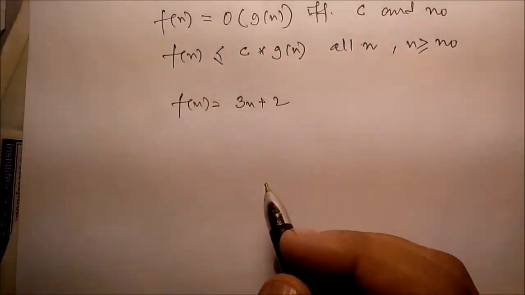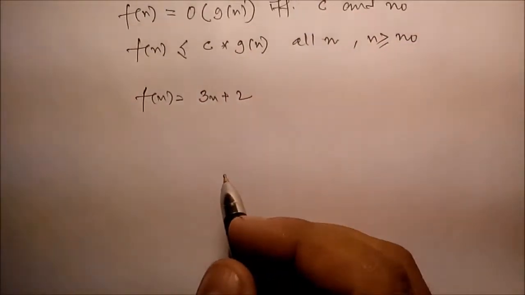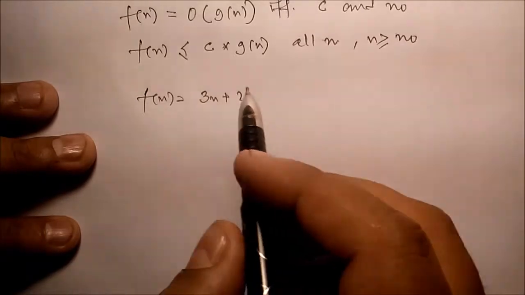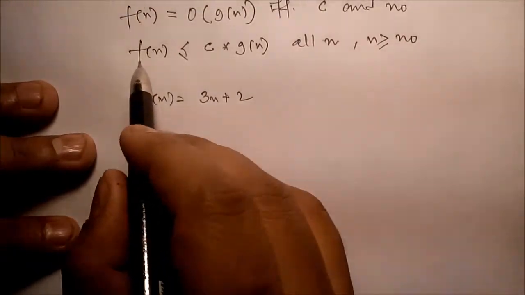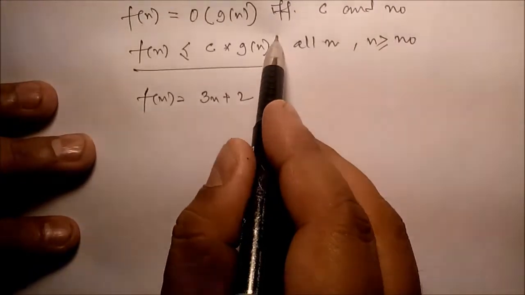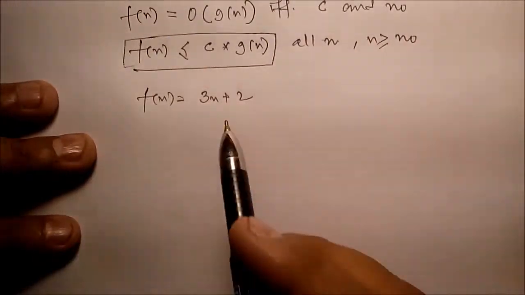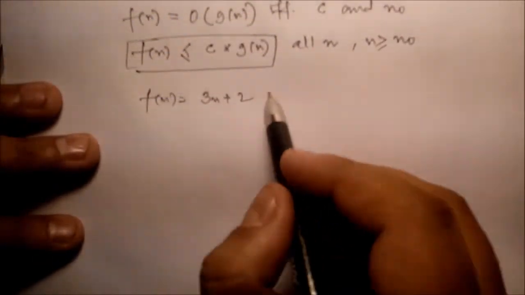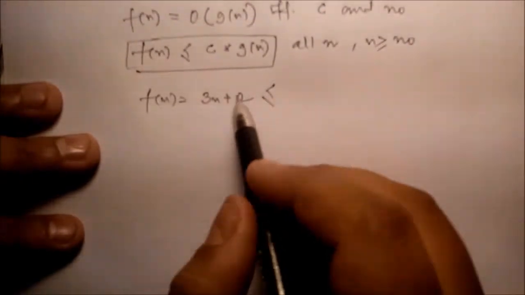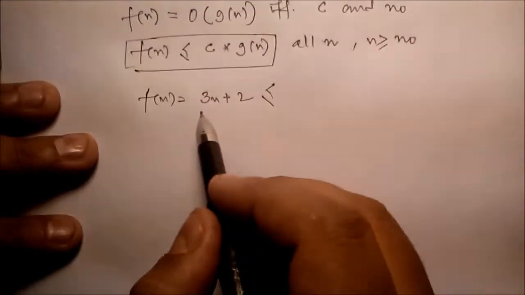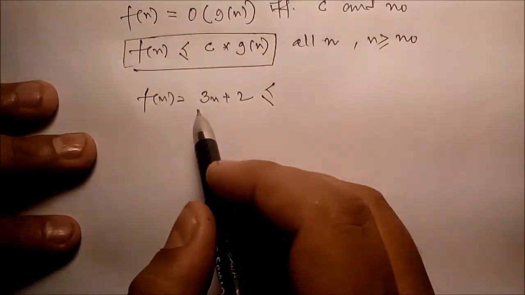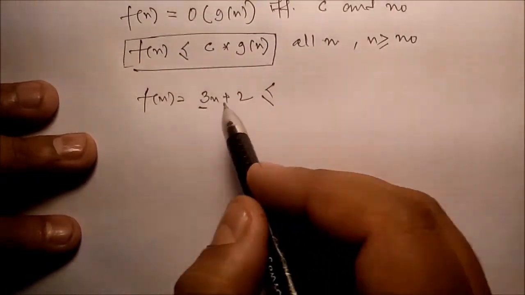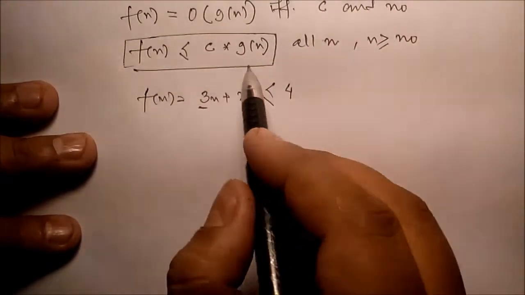Now for this particular function, if you compare, we can write less than or equal to c into g(n). So we just take one value greater than this coefficient, so just take 4, and n.